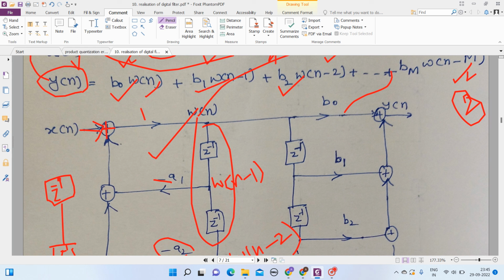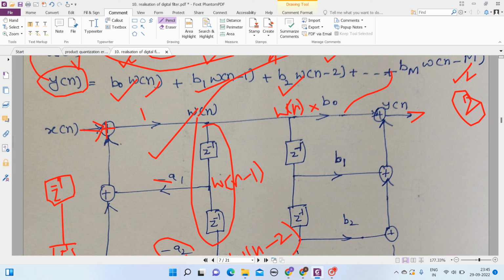So w of n is my input, right? The first term is b naught multiplied with w of n. See here w of n is multiplied with b naught.